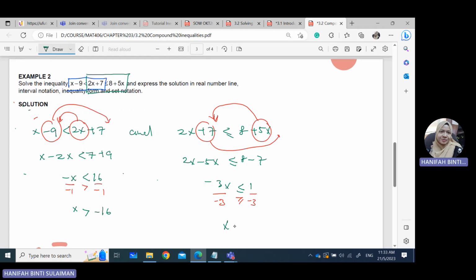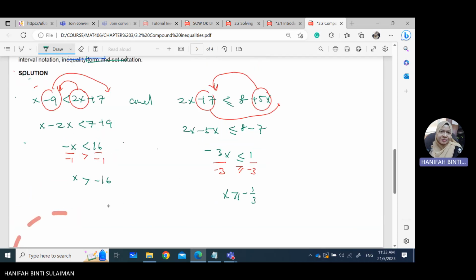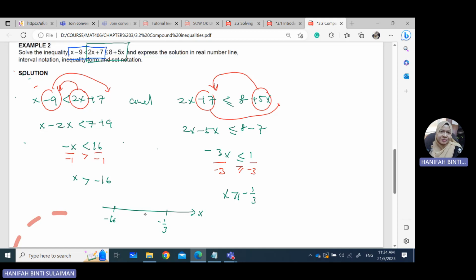So we have x greater than or equal to negative 1 over 3. Okay. So number line, values of x. Negative 16 is less than negative 1 over 3. Lagi kurang. Negative 1 over 3. So negative 1 over 3 is approaching to the positive side.